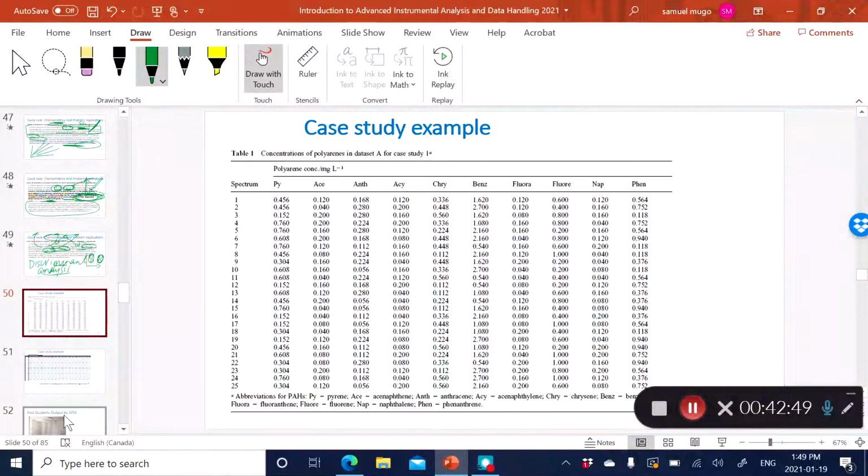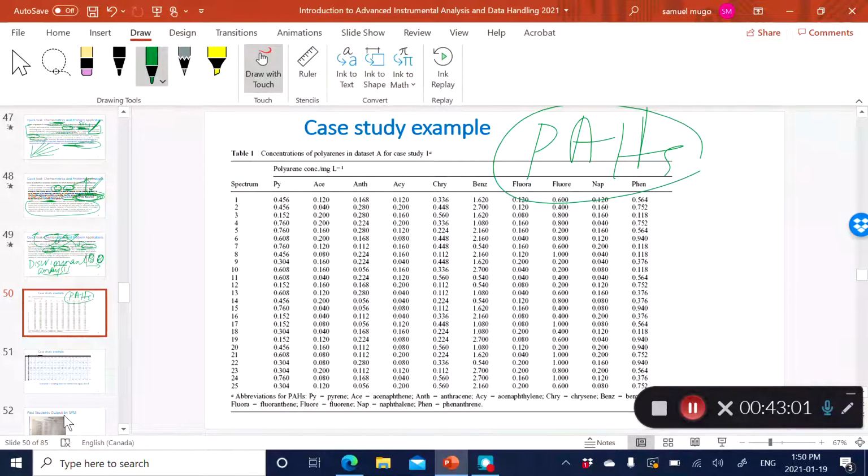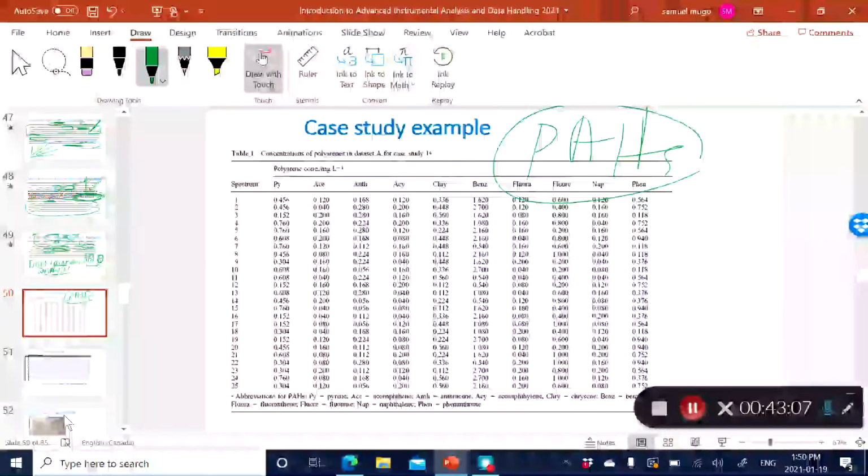I'll give you a case study. I've previously given this to my previous students, say on the problem of PAHs that you are discussing. I guess question, case number 3. So the way you would do it, I'm trying to analyze, say, PAHs in coal tar.